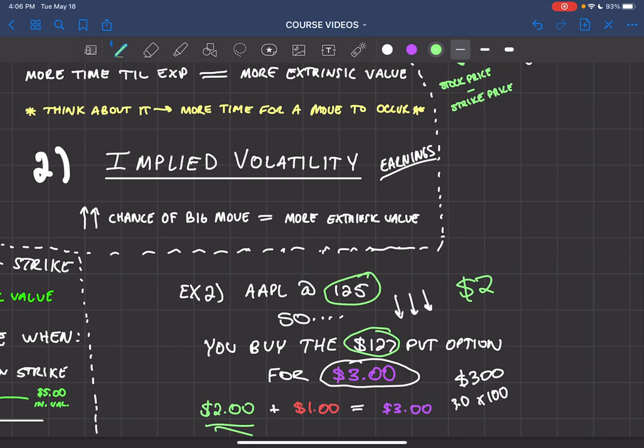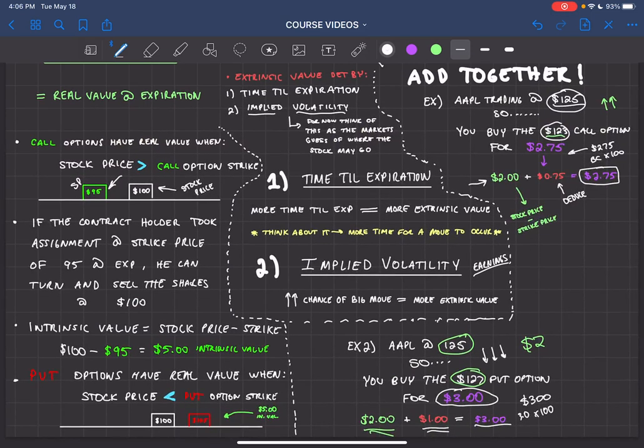Now, you know, because you can see it on your broker, wherever you're purchasing this, that the premium you need to pay for this contract is $300. And because you took the difference between the stock price and the strike price, you know the intrinsic value is $2. So what does this mean? Well, if you know it needs to total 3 and the intrinsic value is 2, that means the extrinsic value is 1, or $100.